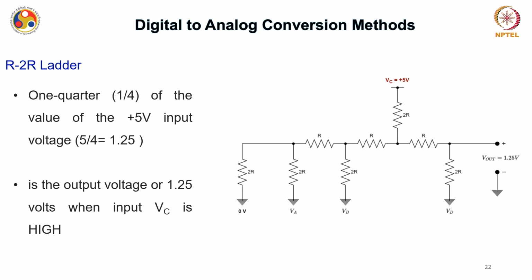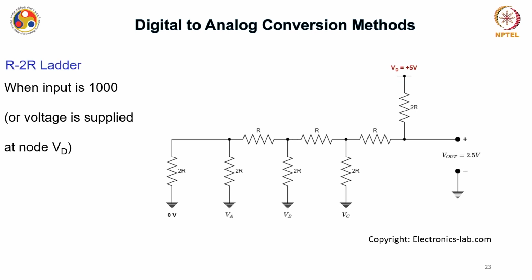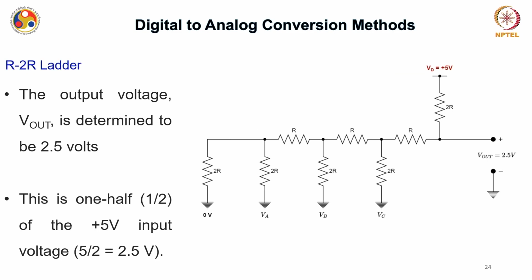So the output voltage is 1.25 volt when input VC is high. Similarly, when the input is 1, 0, 0, 0 and voltage is supplied to node D, the output voltage V out is 2.5 volt, which is just 1/2 of the plus 5 volt input.